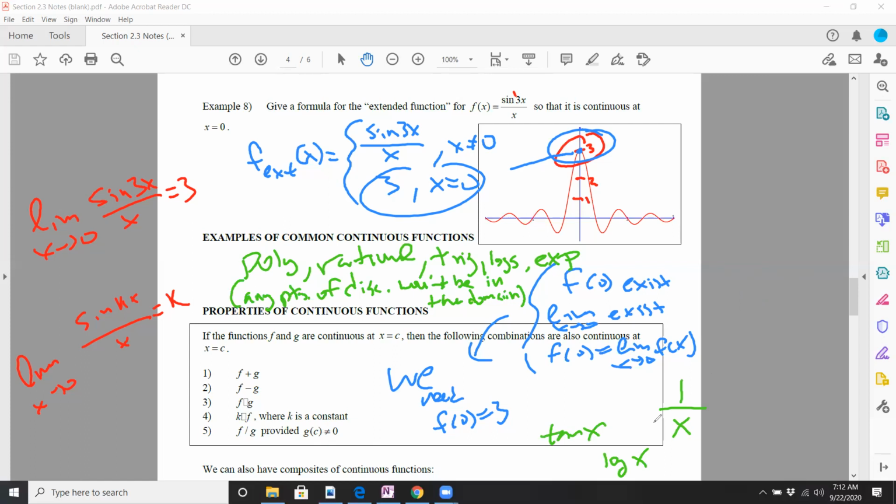Because we exclude it. So we still consider these to be continuous functions as long as everything in the domain is fine. But sometimes we wish to make things continuous at particular points, like in this case here. Even though this is continuous in its domain, we want to make it continuous at x equals 0, because 0 was not part of the domain, so we forced it by doing a piecewise function and plugging in the hole.